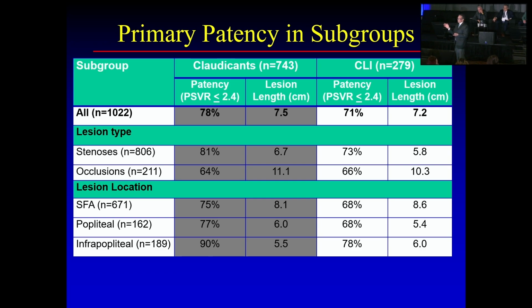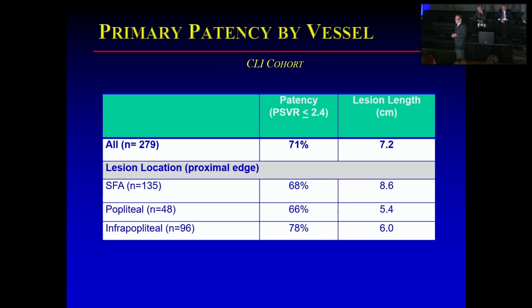The SFA group in the CLI group was 8.6 centimeters, 5 centimeters in the popliteal, and then below that, 6 centimeters in the infrapopliteal space, with primary patencies of 70% and over 75% in the infrapopliteal space, which at the time was a remarkably high number for that group. If you look specifically at the CLI cohort, taking everybody else out, again, that's that 8.6, 5.4, and 6 centimeter lesion metric at 70% and 78%.